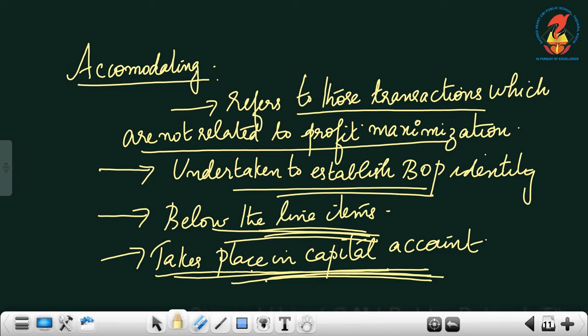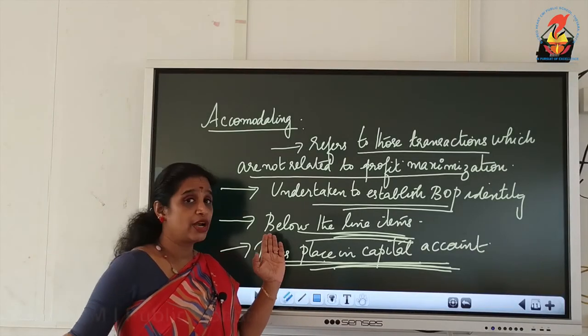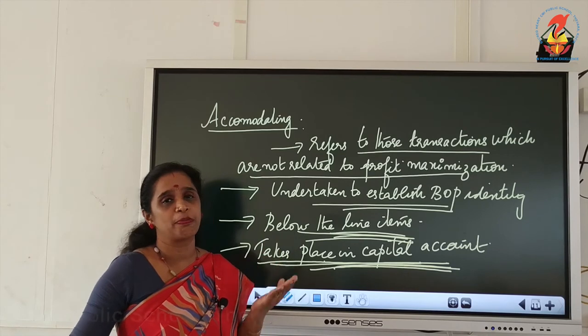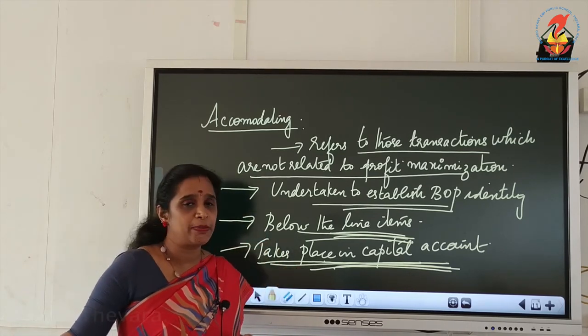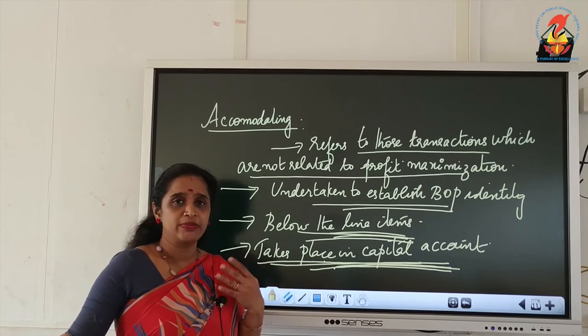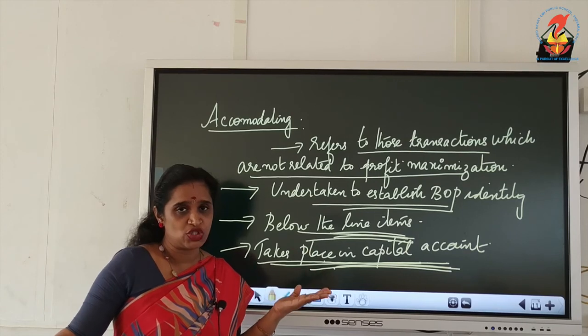That is the difference. Now, you can think about autonomous transactions. Autonomous transactions take place both in the current account as well as in the capital account. They are known as above the line items because they are profit concerned. Then next, they are not undertaken to establish BOP identity. Sometimes credit can be lesser, as in the previous example which we have learned.